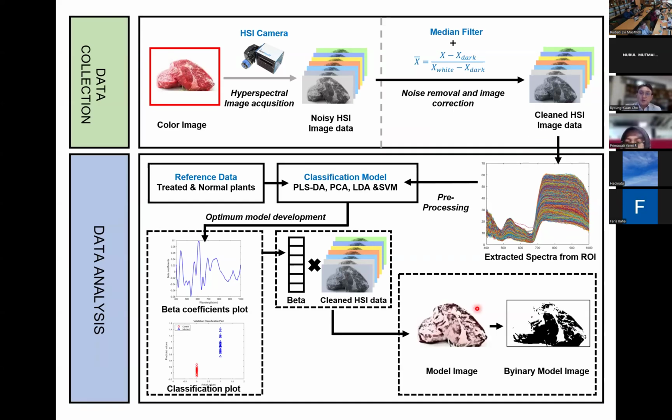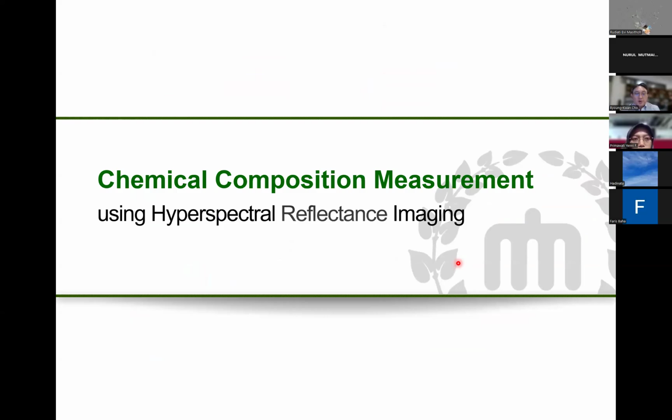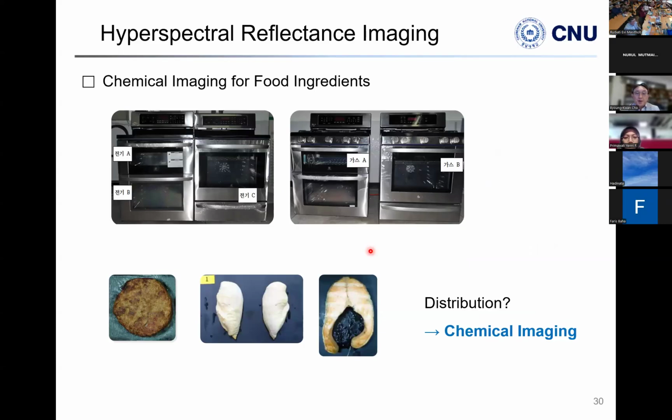This way we can make chemical images. So that is our hyperspectral image analysis. Okay, I want to show some examples of hyperspectral chemical composition measurement using hyperspectral reflectance images.